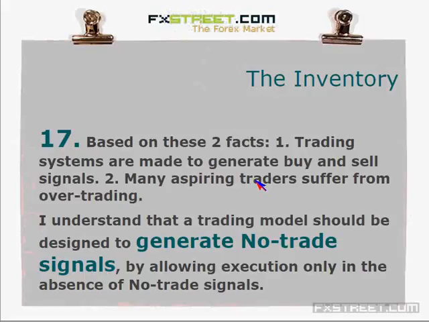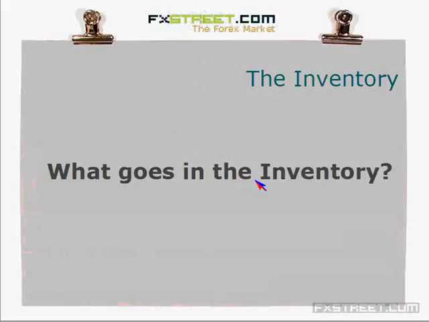It's secondary. So you will design the system in order to prevent you from entering the market. So in the absence of no trade signals, when the system is saying there is no reason not to trade, then you might enter the market. It's the same approach, but you are just turning it around. Okay, so all these things go into the inventory.